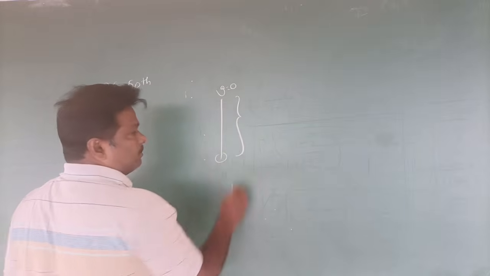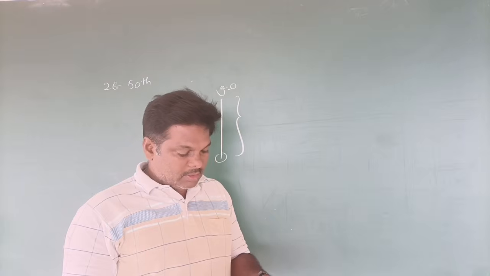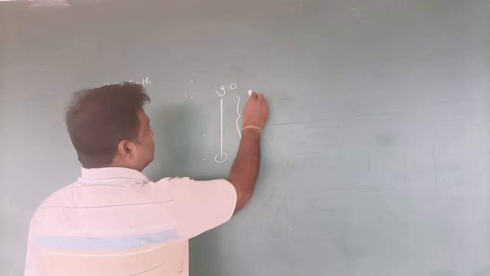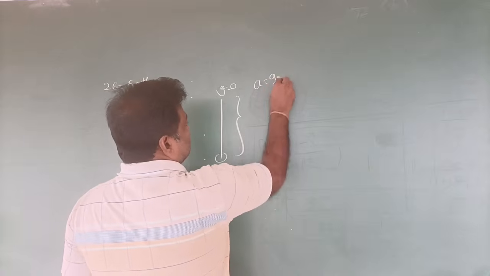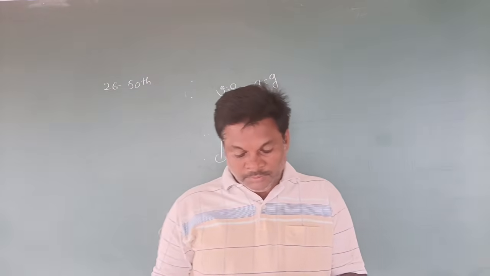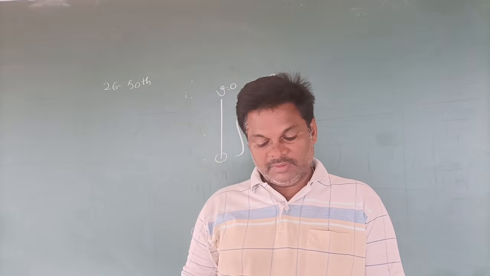That is nothing but the maximum height, where the velocity is 0 and the acceleration is not equal to 0. So v is equal to 0, and a is equal to g, which is not equal to 0. That value is 9.8 meter per second square. So your option is A for the 31st question.